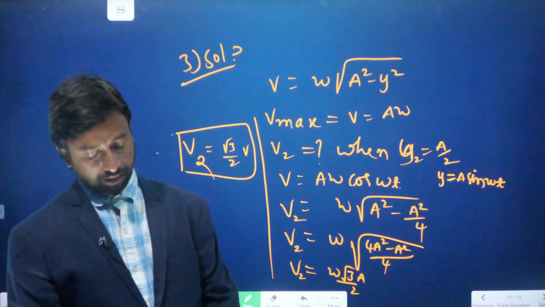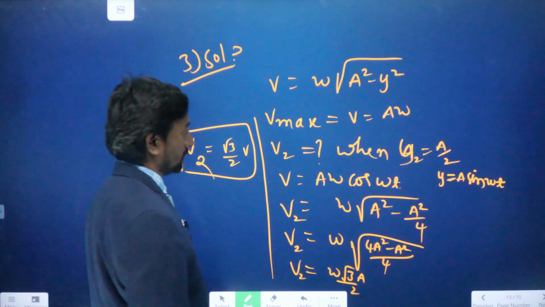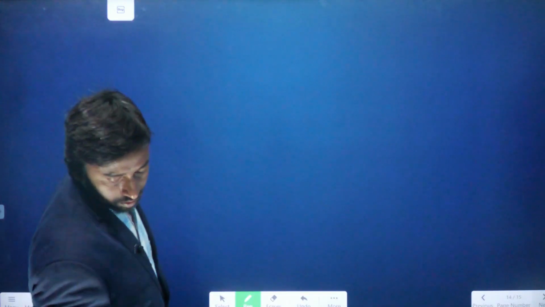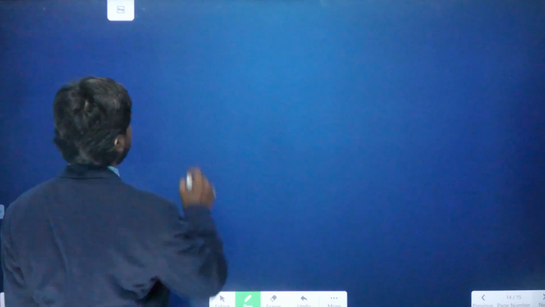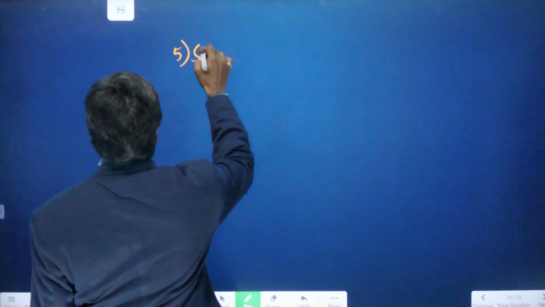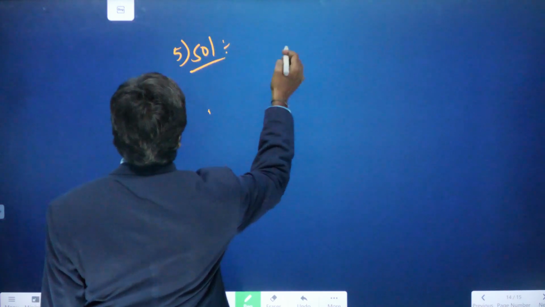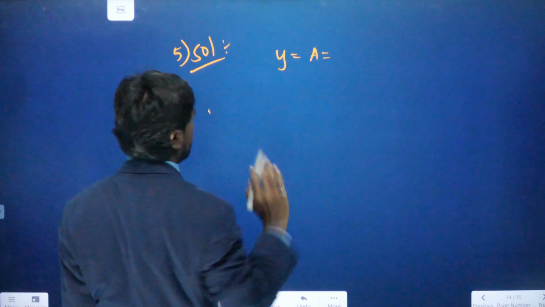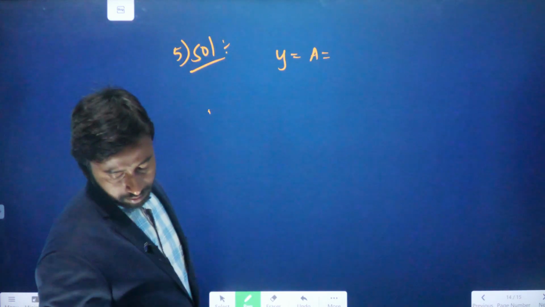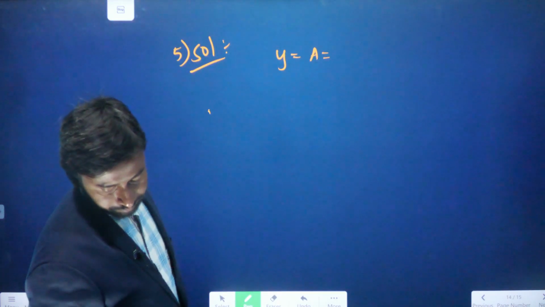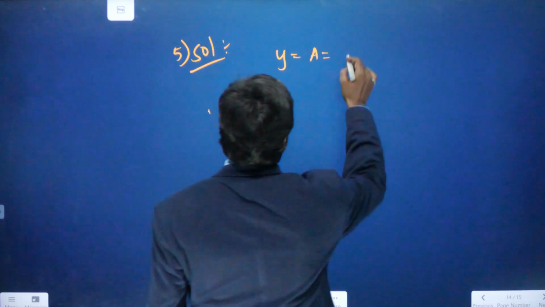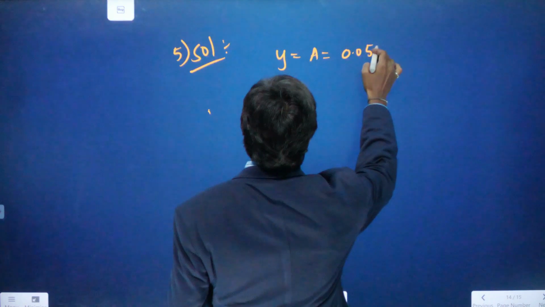This is the fifth solution. The given maximum displacement means the amplitude is directly given. So y is equal to A, maximum displacement, 0.05 meters.